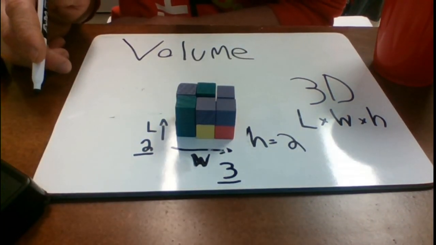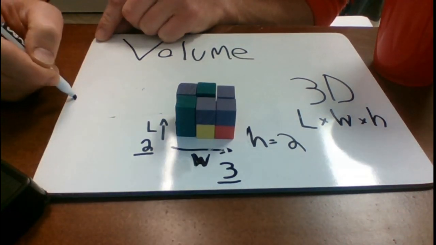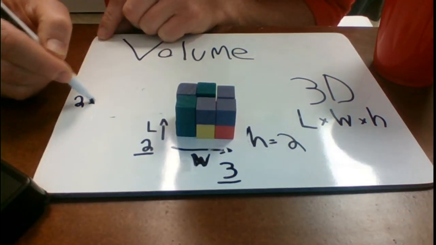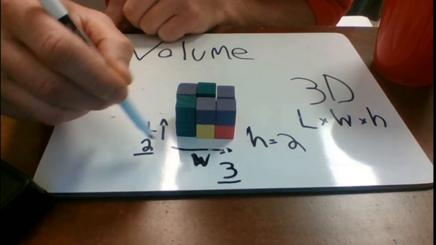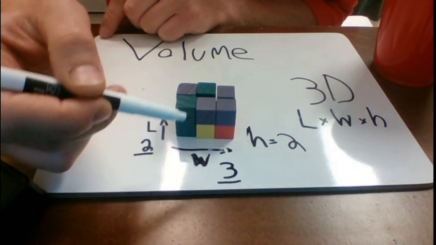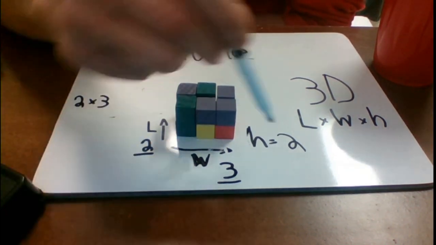So let's try out that formula. Our length is the same times our width is the same. 2 times 3 equals 6. That gives us the bottom layer, but now we have 2 layers. We have 2 groups of layers. So our height is 2.